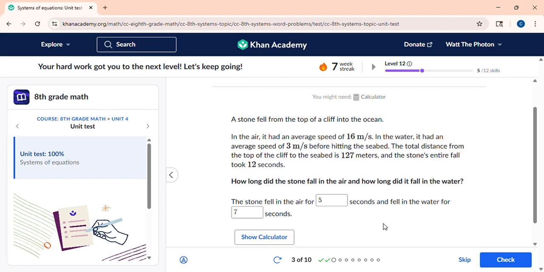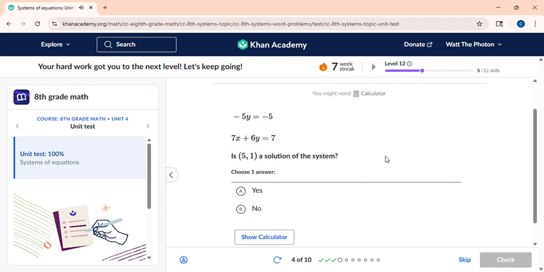Maybe I got the numbers mixed up. 7 times 16. There we go. That's probably it. 5 times 3. Yeah, that's it. Air for 7 seconds, the water for 5 seconds. I'm happy with those numbers. Double checking. Yeah, I'm right.